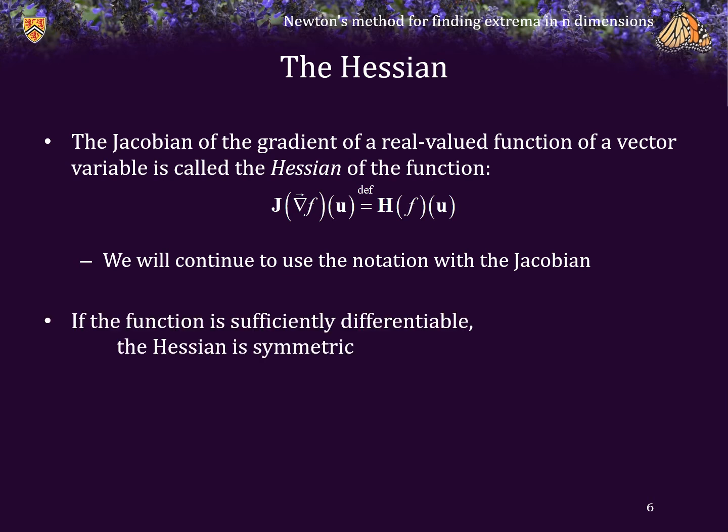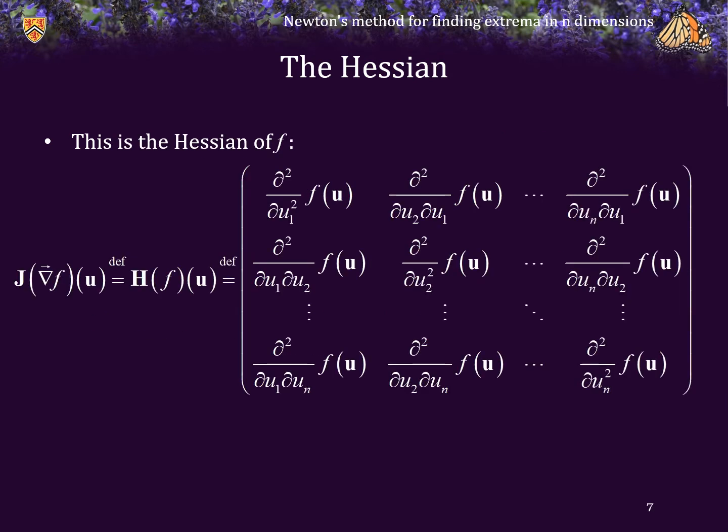Now, if the function is sufficiently differentiable, the Hessian will be symmetric. And you will recall from linear algebra that if you have a symmetric matrix, the eigenvalues must be real. That will be useful later on. Now, this is the Hessian of the function f.